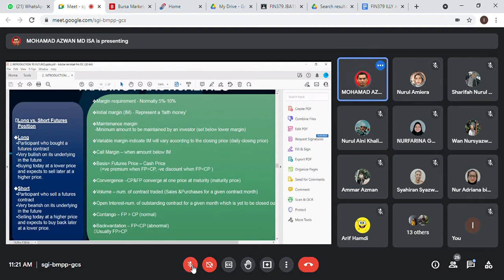Kalau futures is trading at premium or futures is more than cash price, we call it contango. Contango. This is the term. Okay. If the futures price is more than cash price. Or kita panggil normal situation. Normal situation or positive basis.